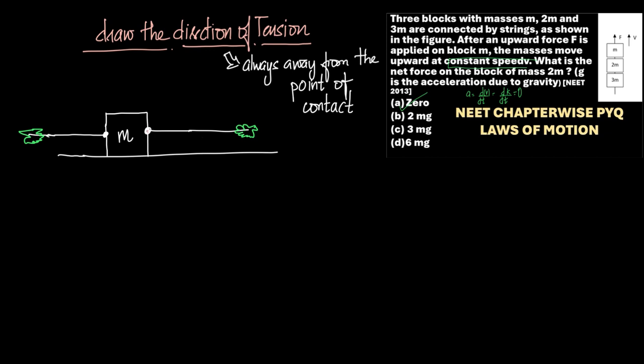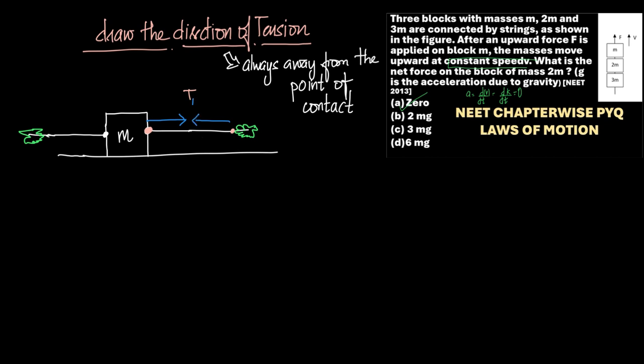Let us see. So this rope here, if it has tension T, has two points of contact, one from the block and the other at the finger, right? So tension acts away from the point of contact, say tension T1.